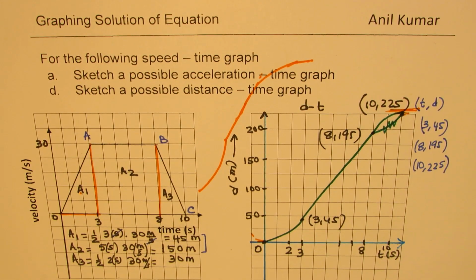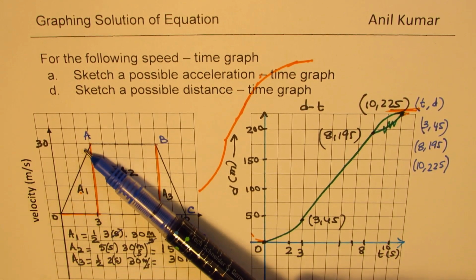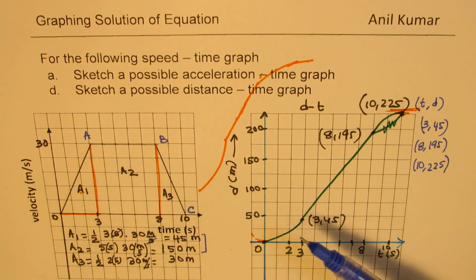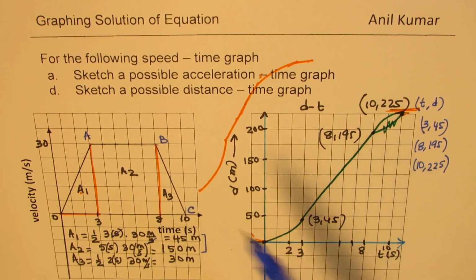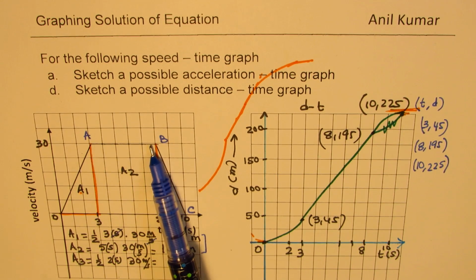So I hope the concept is absolutely clear. It is kind of important to show the gradient here in the form of a curve so that we can represent the increase from 0 to 30 for velocity. A straight line indicates a constant velocity of 30 meters per second.